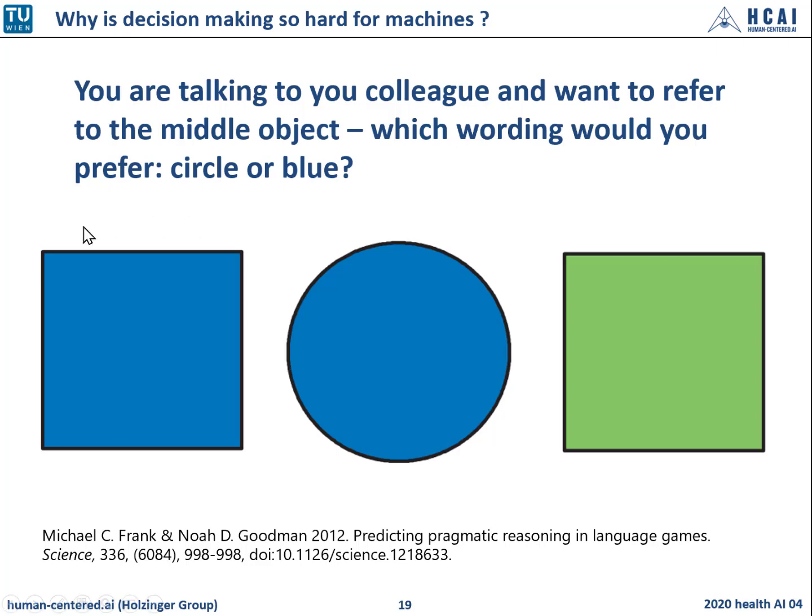If you ask a colleague to refer to the middle object here, would you use blue or circle? Which wording would you prefer, circle or blue? So obviously circle. And if somebody talks to you about the blue object, then what would you infer? Is he talking about the blue or the circle?